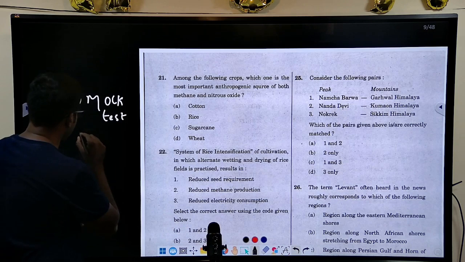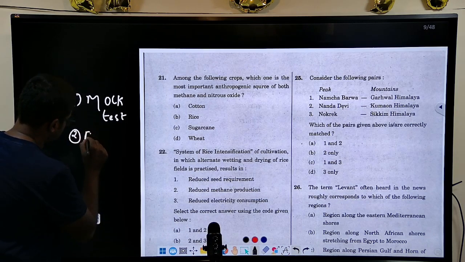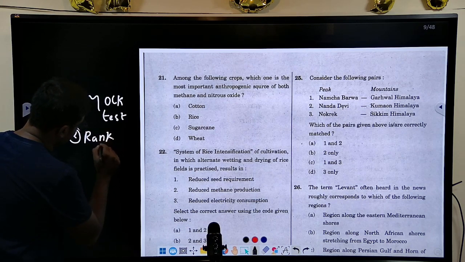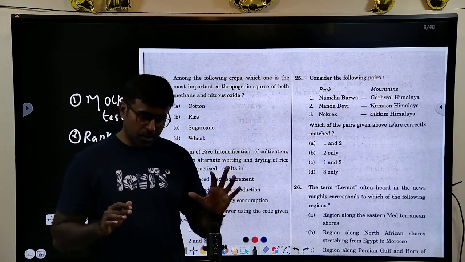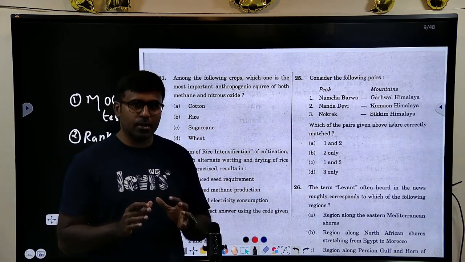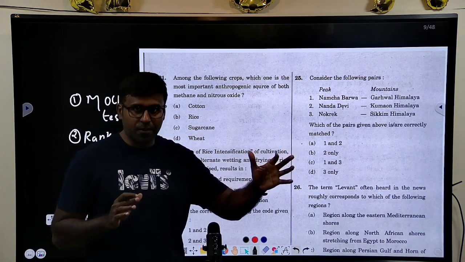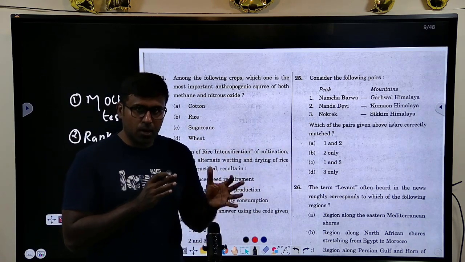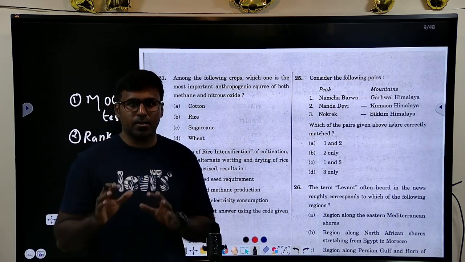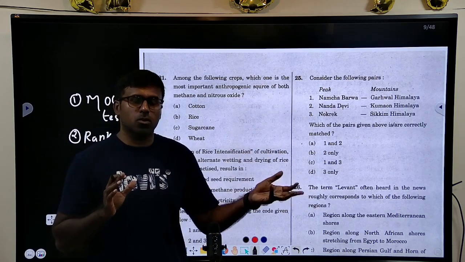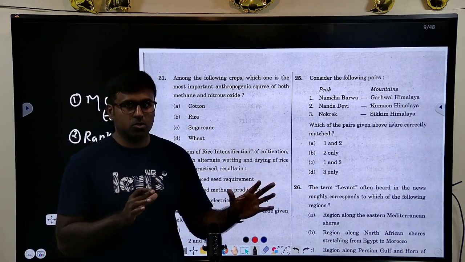Check your rank. Your mark here will not completely reflect. The mark that you are scoring in a mock test shows how much you are prepared, but whether it is going to reflect in UPSC is a different story.